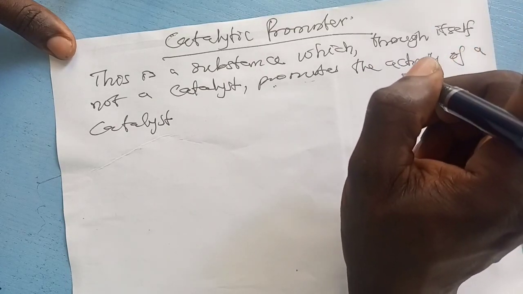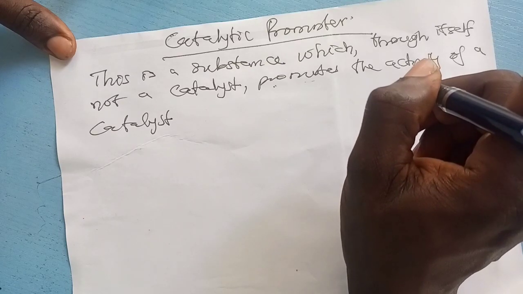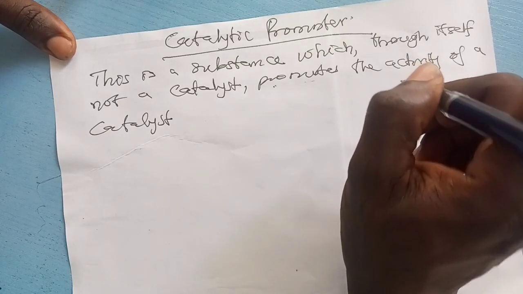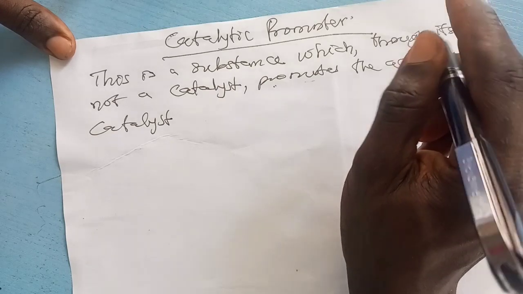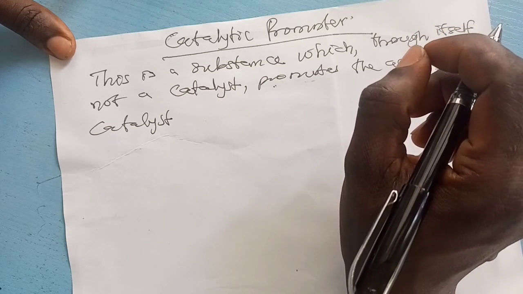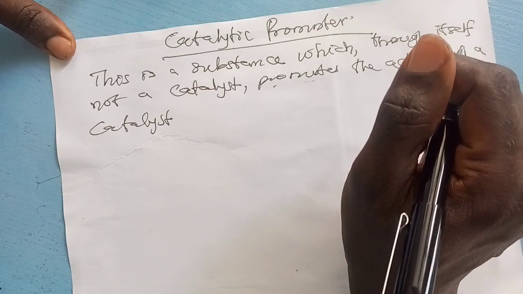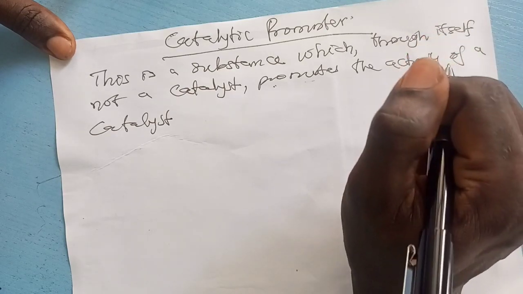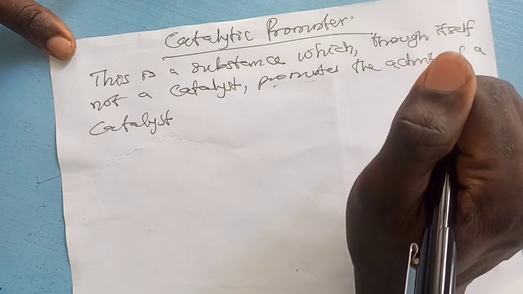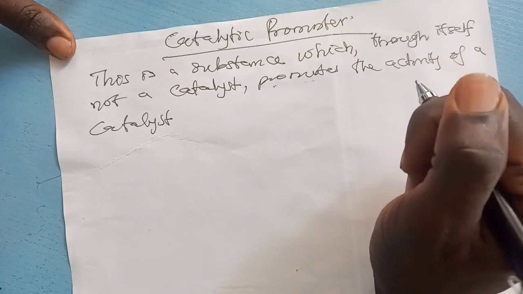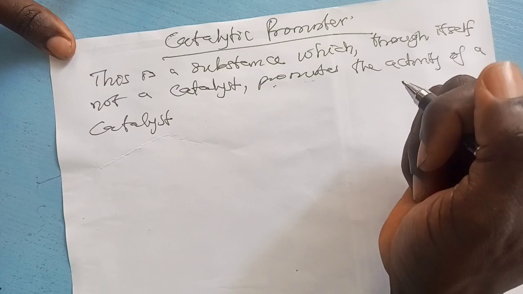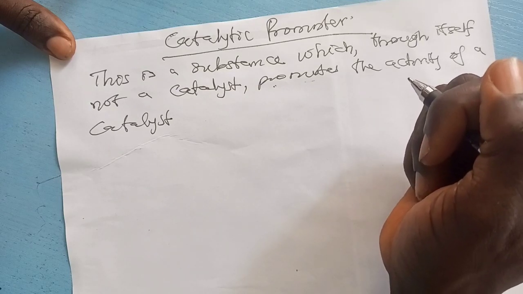Please note, a promoter is not actually a catalyst. Okay, it's actually a substance which, when you add it to the surface of the catalyst, makes the catalyst very effective in its function. It increases the activity of the catalyst.